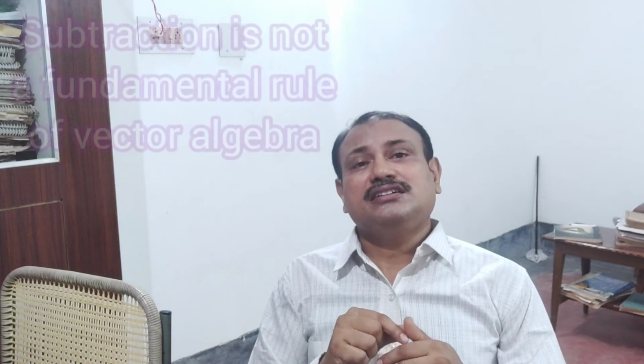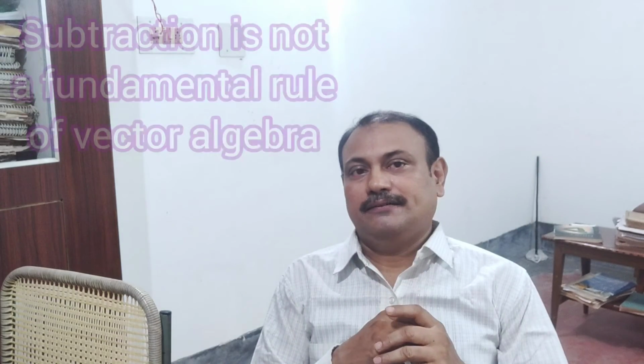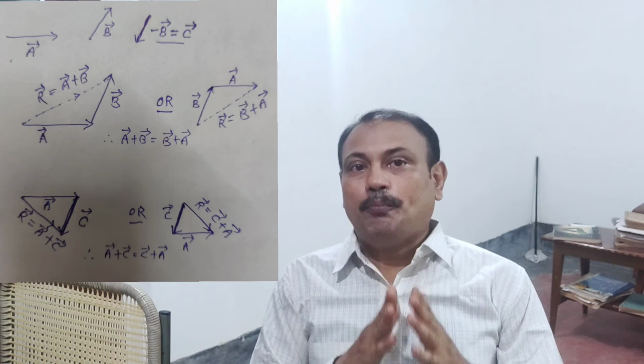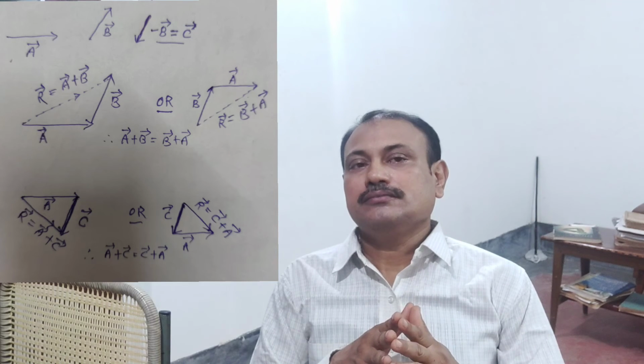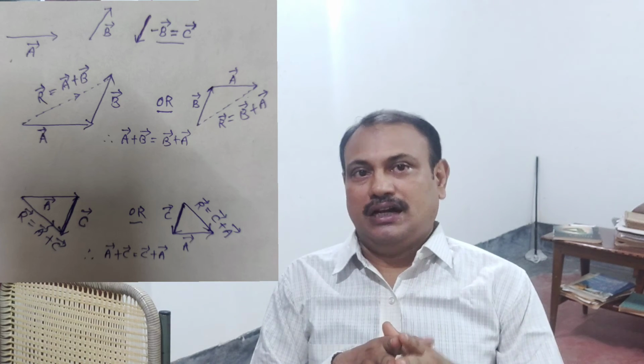Because when you add a vector A with a vector B, giving rise to a resultant, now if you are interested in subtracting the B vector from the A vector, that you write as A vector minus B vector, it is essentially required that instead of writing in such a subtractive manner, you write it in a compositional manner, in the sense that you take minus B vector as some other vector C and then add it.